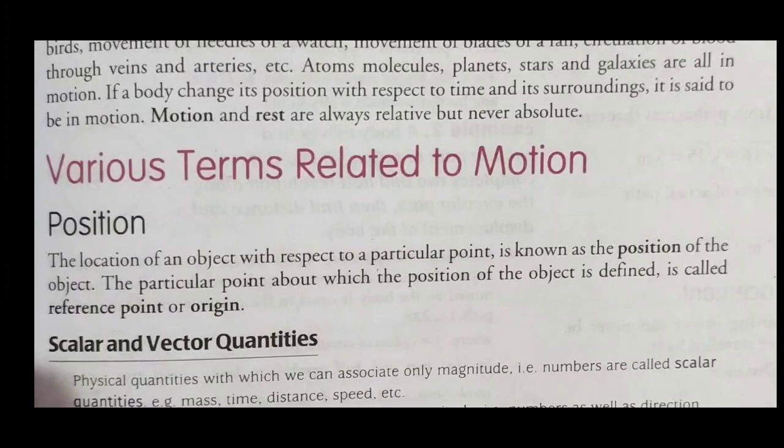Now an object can be at rest or stationary. When an object is in a state of rest, meaning it is not changing its position, it is stuck to a particular position, it is constantly at that position only, we can say that that object is at rest or it is stationary. Suppose I said the location of a temple with respect to the school.